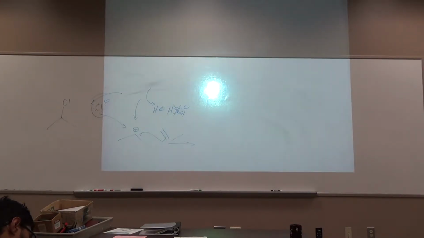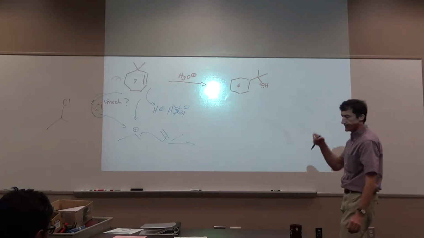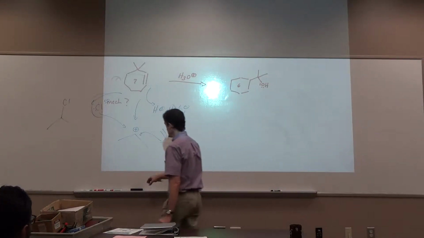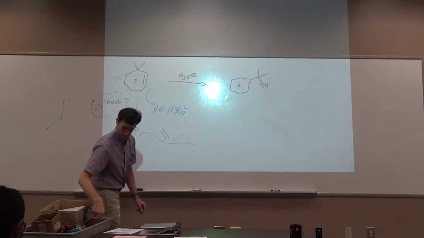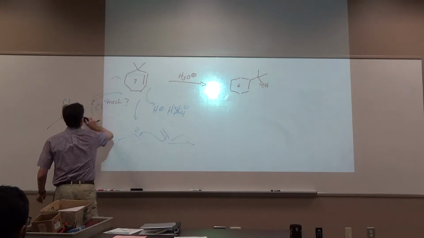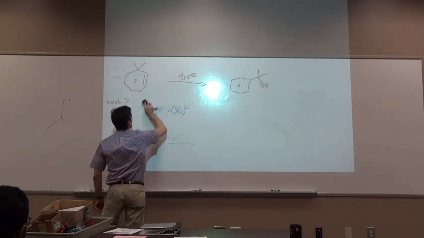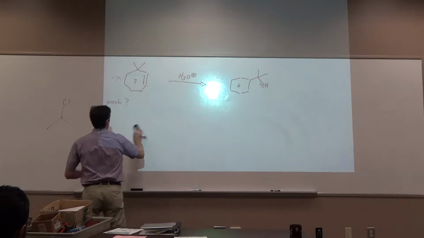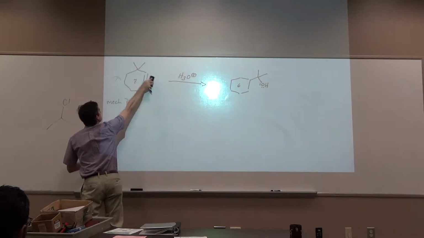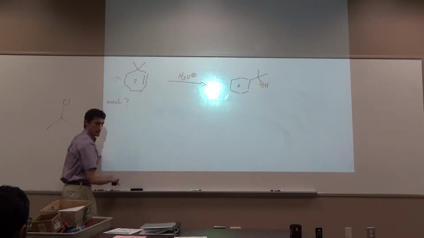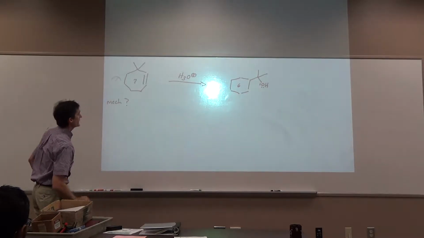Okay, that was polymerization. Alkenes reacting with cations. Let's go back over here because this was an example of a ring expansion. Let's see how we did on this mechanism.